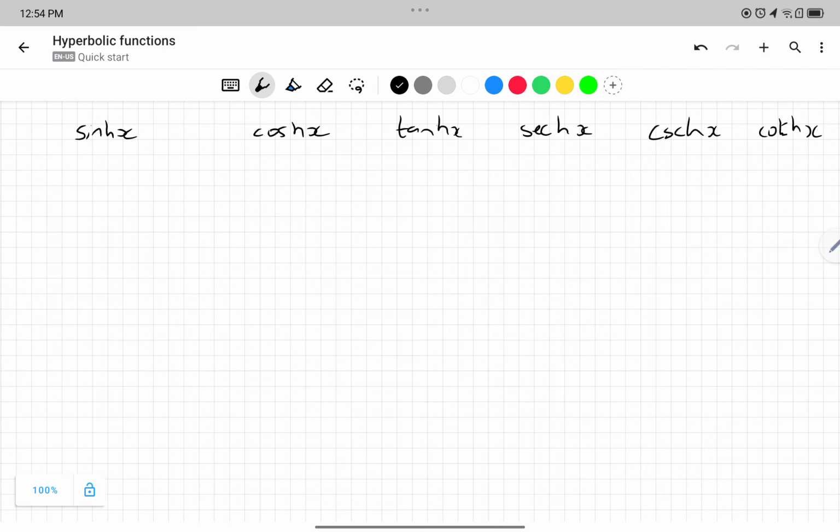You could also have a look at them. But now we're going to look at the derivatives of each and every one.